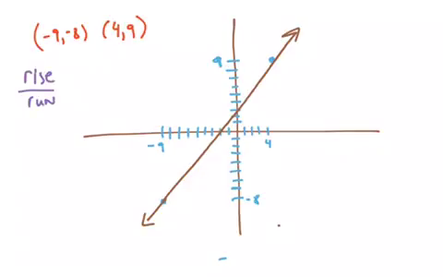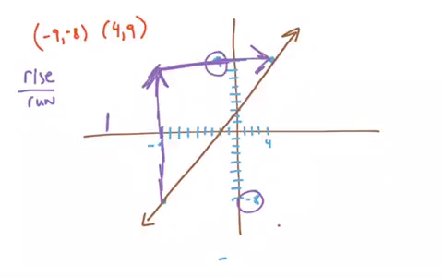So if you draw the picture, you can say, how much up am I going and how much across am I going? Well, if I'm starting at negative 8 and I go to 9, that's a rise of positive 17. And if I run, I'm at negative 9 and I go to 4, that's a run of 13.